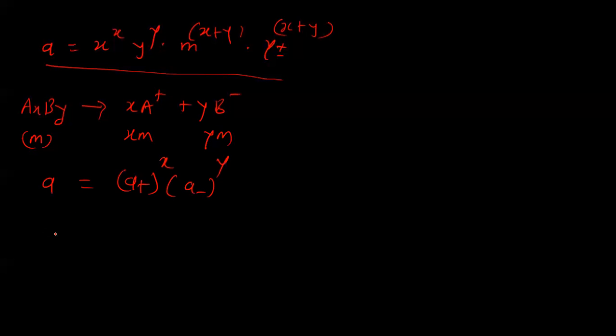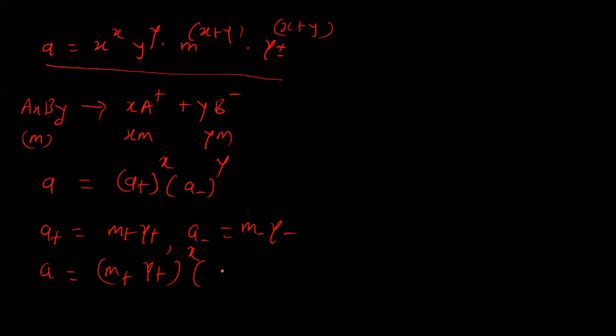As we know, the activity of the cation is equal to M plus into gamma plus, and the activity of the anion is equal to M minus into gamma minus. By putting those values, activity is equal to M plus gamma plus raised to X, and for the anion, M minus into gamma minus raised to Y. But we know that the molality of the cation is X into M and the molality of the anion is Y into M, so we can put those values here.